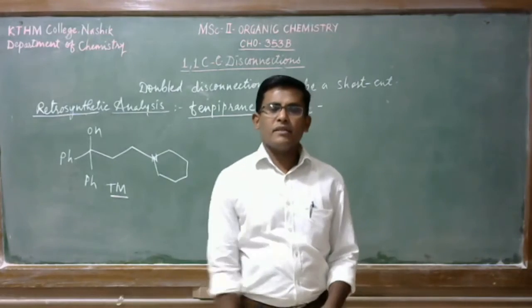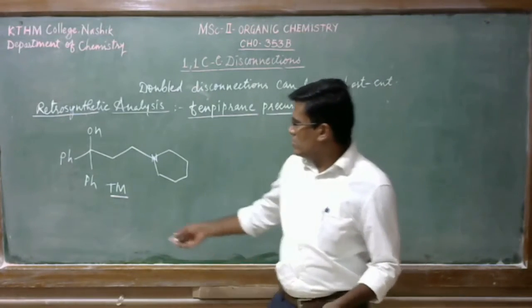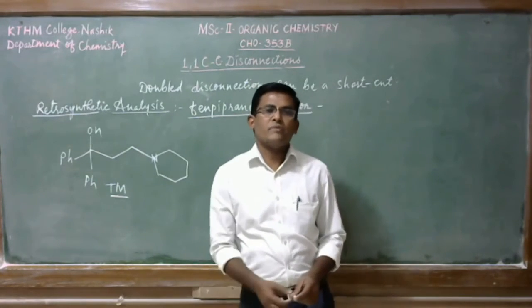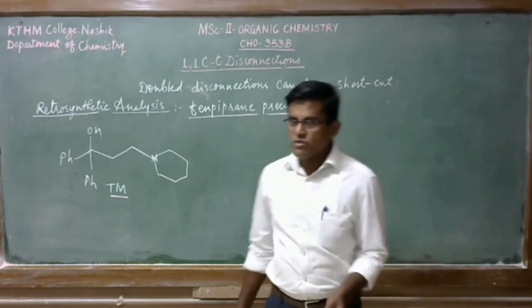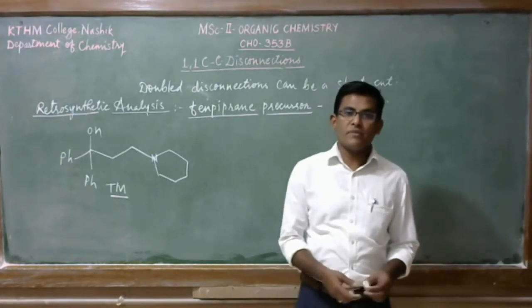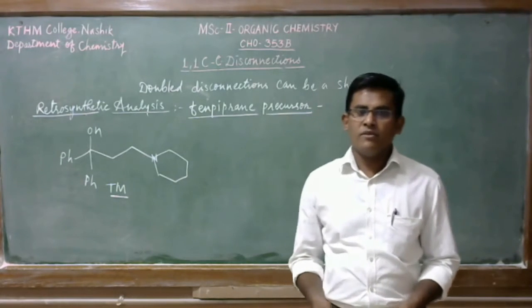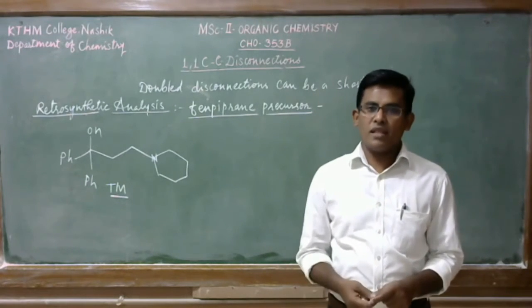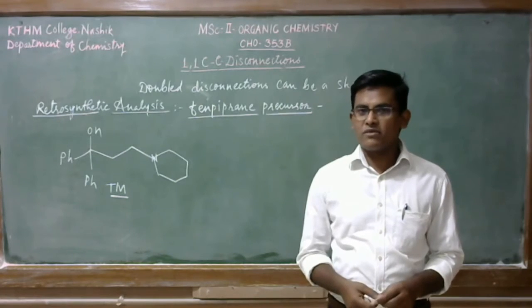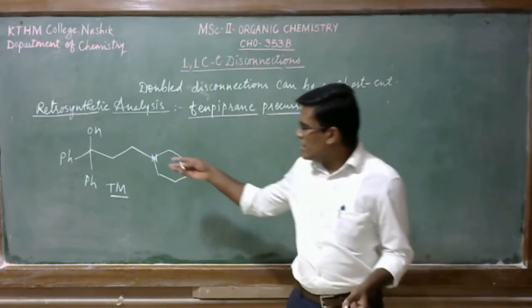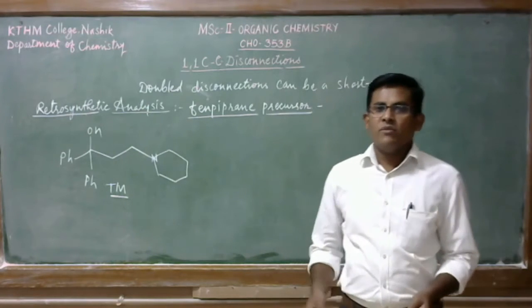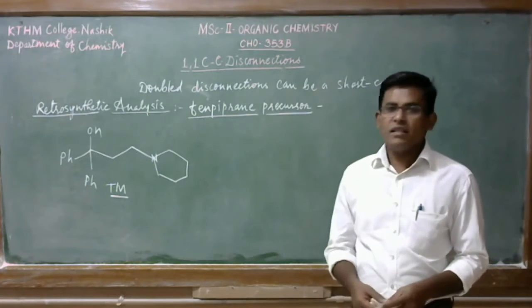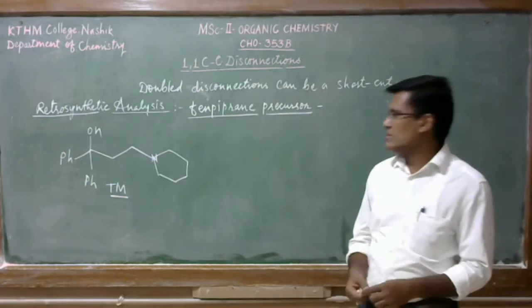In this tertiary alcohol we have these two similar functional groups, phenyl functional groups. So this tertiary alcohol can be obtained from an ester and 2 moles of Grignard reagent. This tertiary alcohol can be obtained by using Grignard reagent and ester.